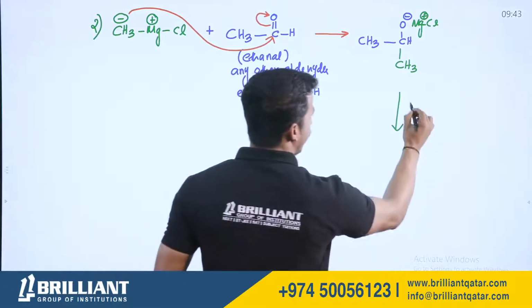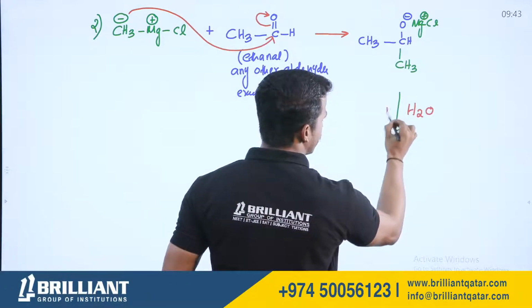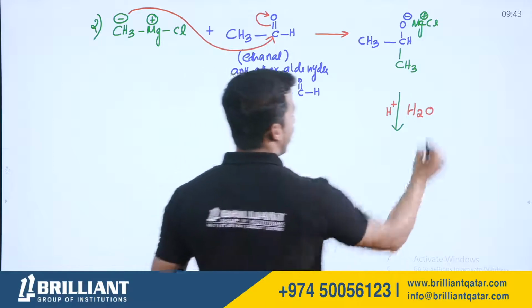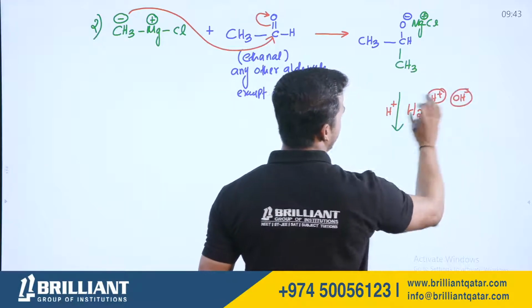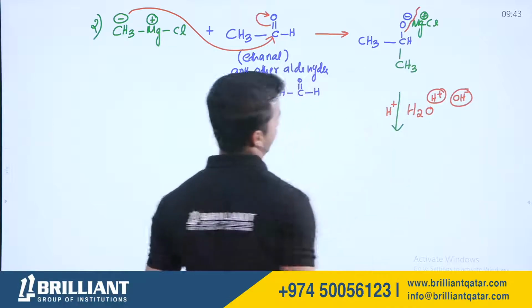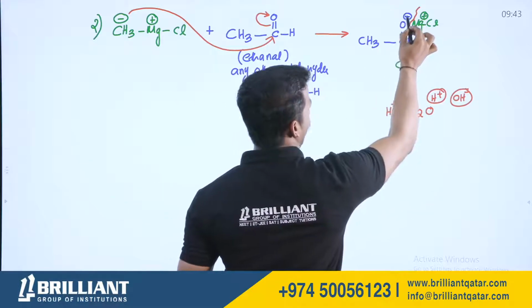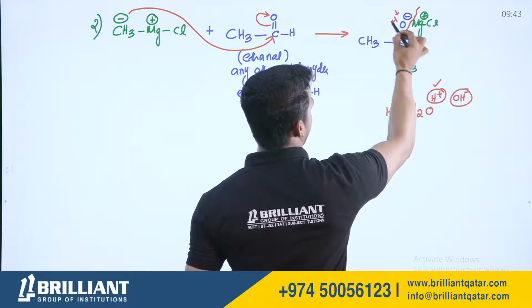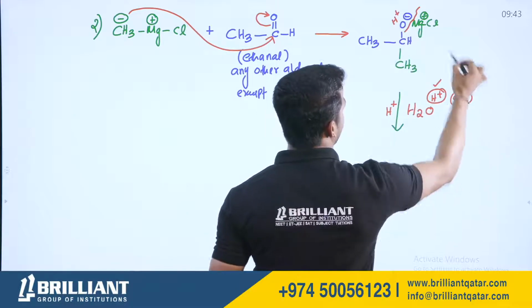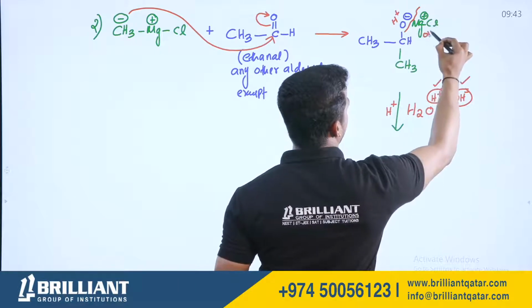When you add water in the presence of an acid, we discussed that water contains two ions, H plus and OH minus. Please distribute them on the negative and positive parts. The negative oxygen will combine with this H plus. Yes, OH, the alcohol is ready. This OH minus will go to the positive part here.